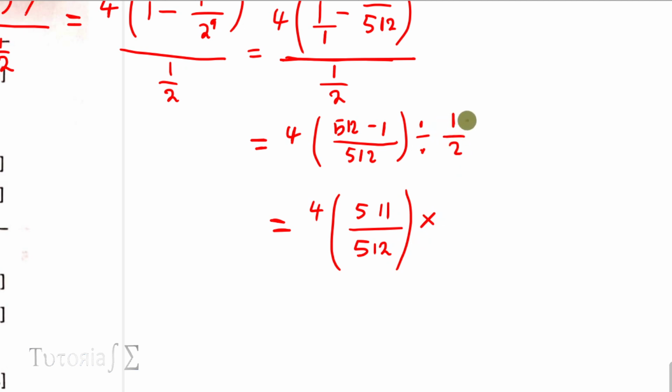If we change it to multiplication, these will swap, so it will be 2 over 1. Then we just multiply, so it will be 4 times 2, which is 8, times 511 over 512.